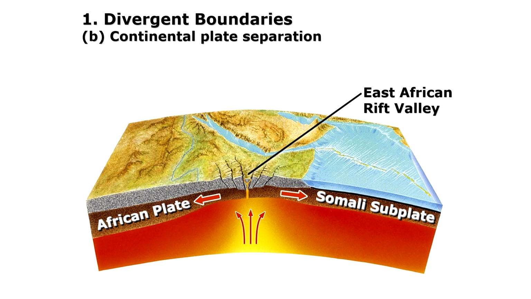Okay. Then we have the divergent plate boundaries of continental plate separation. And this example we have seen from the East African Rift Valley, and another one we were looking at is Iceland. Okay.